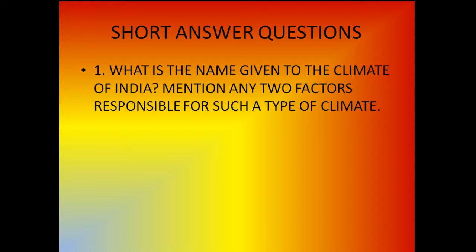The next question is, mention any two factors responsible for such a type of climate. As you know that India has a tropical monsoon climate, the two factors responsible for such a climate are, first, the Himalayas stretching from east to west in the north.